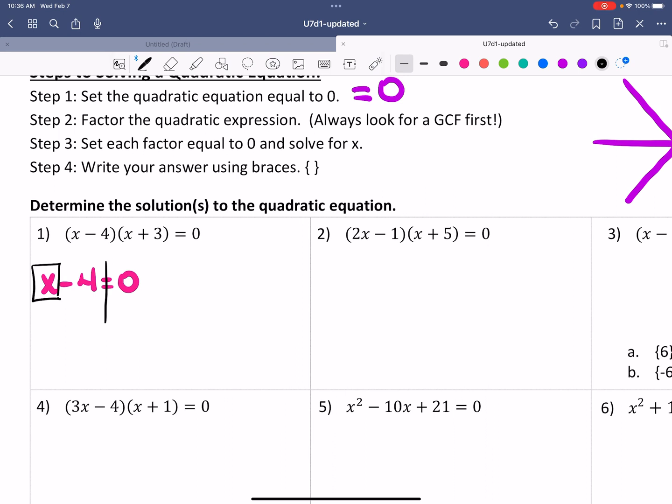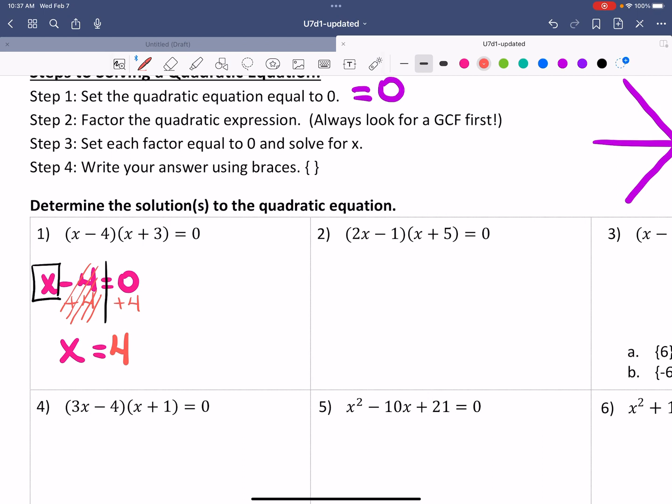In order to isolate, you need to do the opposite. Opposite of a minus 4 is to plus 4. And what you do to one side, you have to do to the other. So those opposites, -4 and +4, they will zero out, and your x gets dropped down, and now it's isolated, it's by itself, and you just need to simplify that right side.